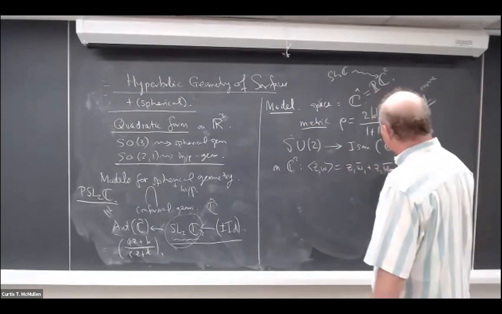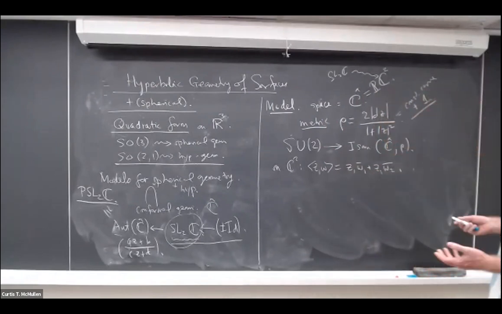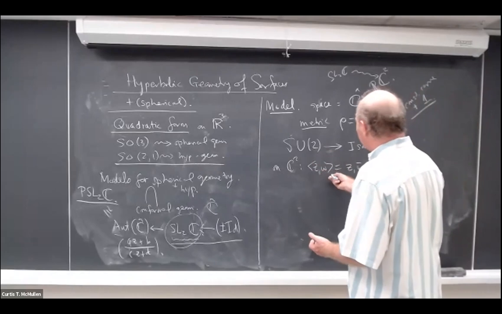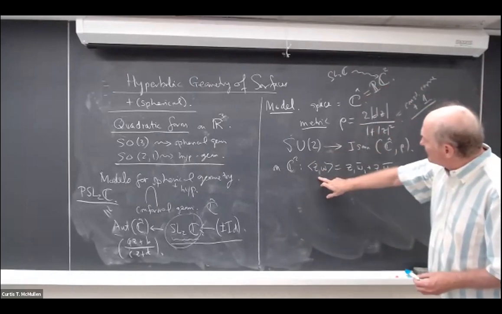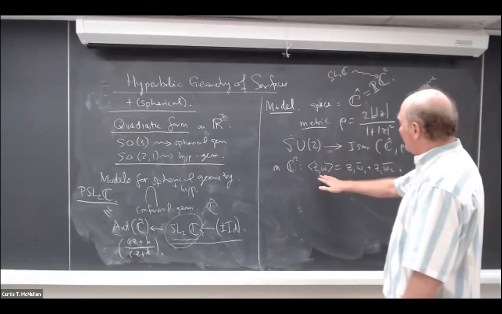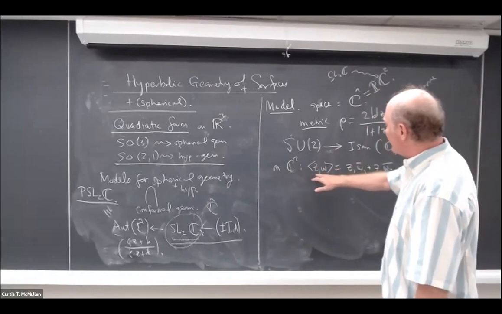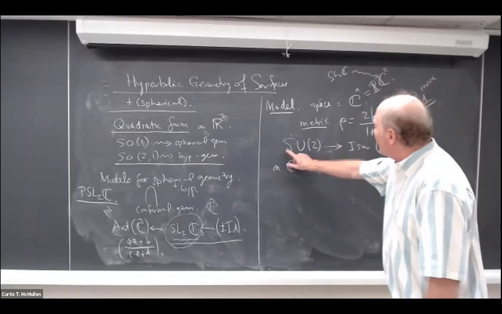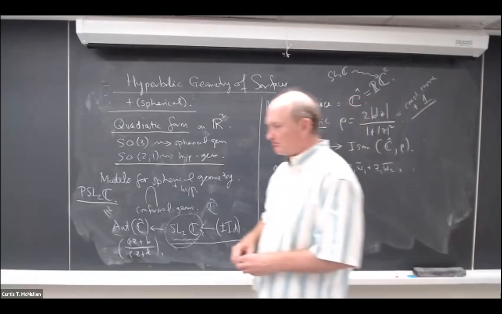We have 2 positive coordinates and 0 negative coordinates. And what's SU2? It's just the subgroup of automorphisms of C2 that preserve this inner product. It's the unitary group. Put differently, we have a 2-dimensional Hilbert space. We look at the automorphisms of that Hilbert space that preserve the inner product and have determinant 1. That's just a convenience to make the group slightly smaller.